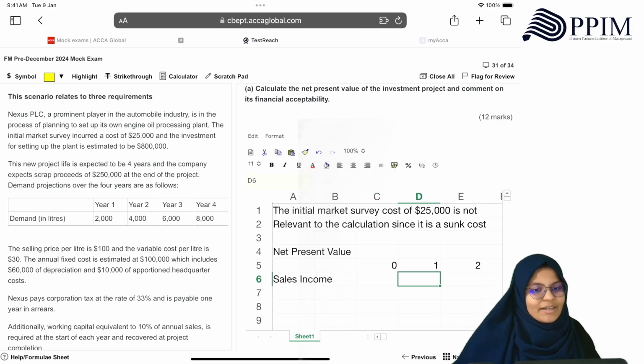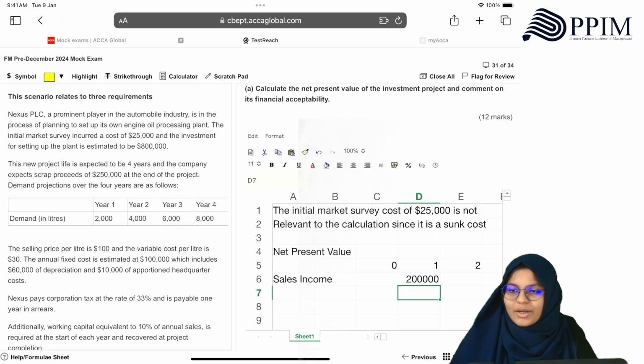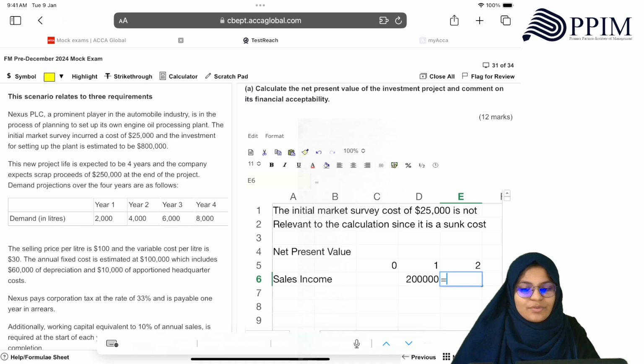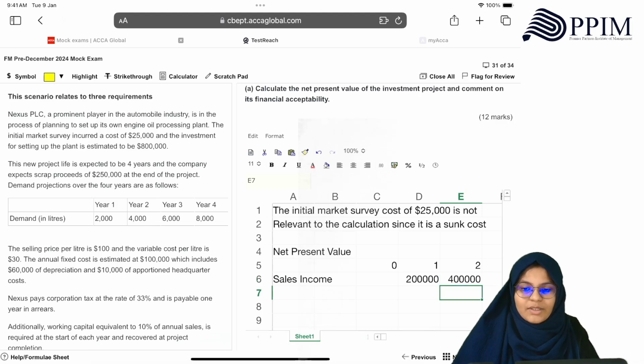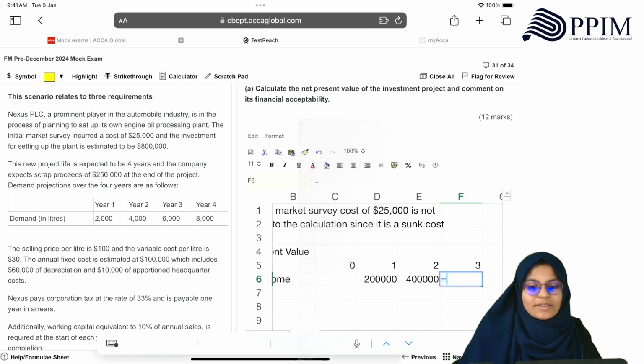So if you look at year 1, I know that the demand is 2,000 and the selling price was 100. So it will be 200,000. Then in year 2, the demand, they're telling me it's 4,000. Selling price is still 100. That's 400,000. Then in year 3, 6,000 into 100.